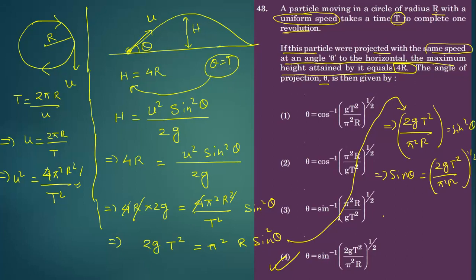One more thing, since we are supposed to calculate the angle of projection using height, we should know that if this is the angle of projection with horizontal, then the formula for the height contains the sine term, not the cos term, the vertical velocity term. So anyway, option 1 and option 2 could not be our answer. Okay, so let us proceed.